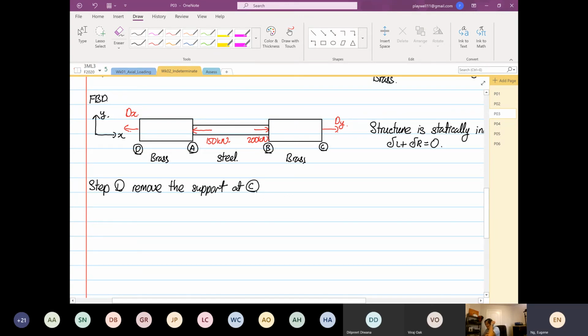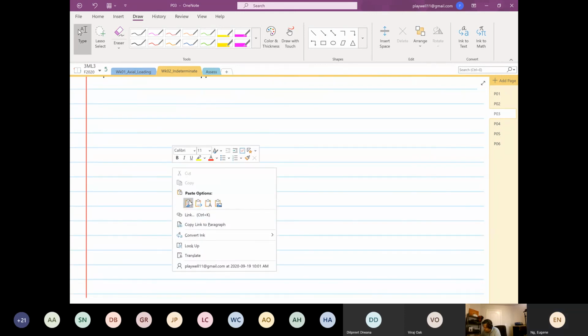If I remove the load at C, will A, B, C the 150 and the 200? Yes or no? It gets a bit confusing. So what I usually tend to do is copy the whole diagram and paste.